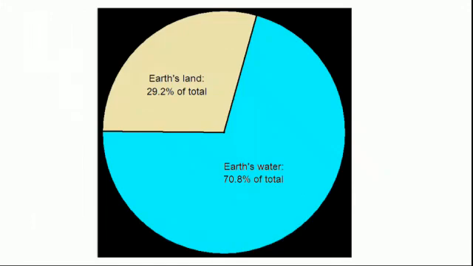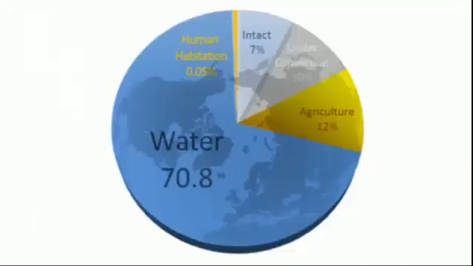Here you have the graphical representation of the proportion of land and water. One more graphical representation shows that water is 71% and among the 29%, human habitation is 0.05%, intact is 7%, land under conservation is 10% and land which is used for agriculture is 12%.